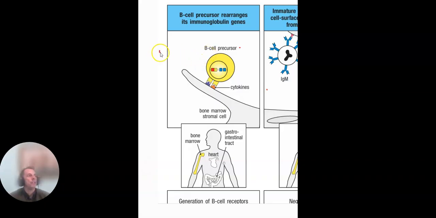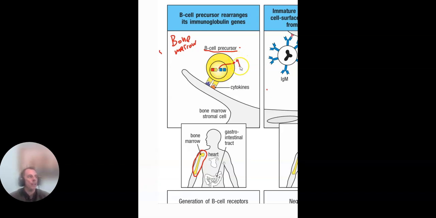Here's the first stage of B cell development. We are now in the bone marrow. And in this first phase, the progenitor or B cell precursor, the progenitor B cells rearrange their immunoglobulin genes.